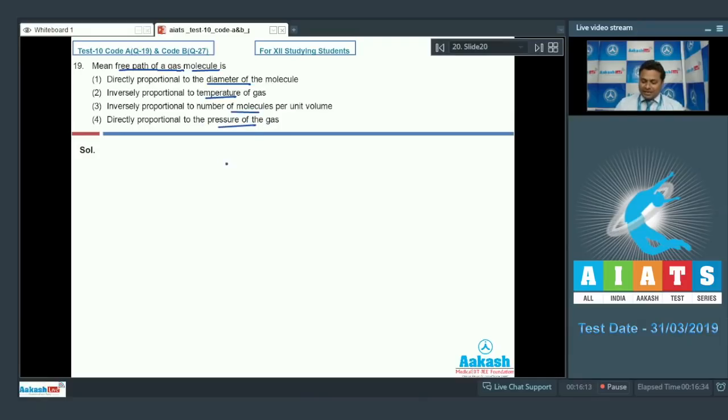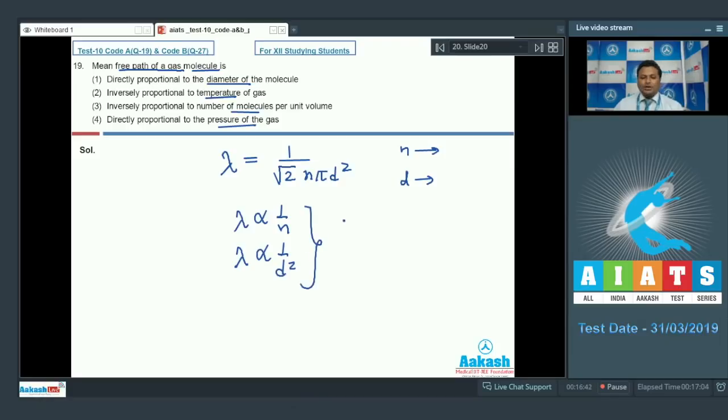First of all, we know very well the mean free path of a gas molecule is given by the expression 1 by under root 2 times n pi d square, where n is concentration of molecule, that is number of molecules per unit volume. d is the diameter of molecule. So from here it is very much clear that lambda is inversely proportional to n, lambda is inversely proportional to d square. Now let us try to find the correct option.